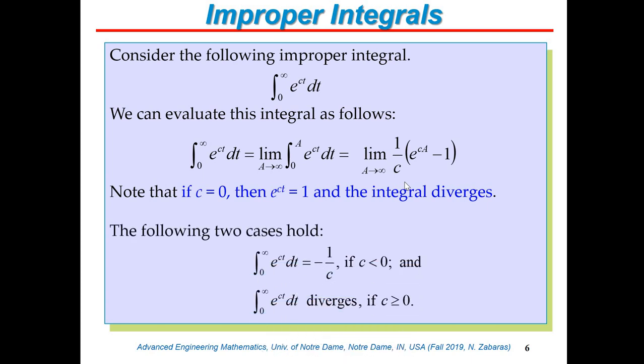So if c is negative, immediately you can see as A goes to infinity, e to the minus some big number here will give you a 0. So the value of the integral is minus 1 over c. And of course, if c is positive, as A goes to infinity, this integral diverges.